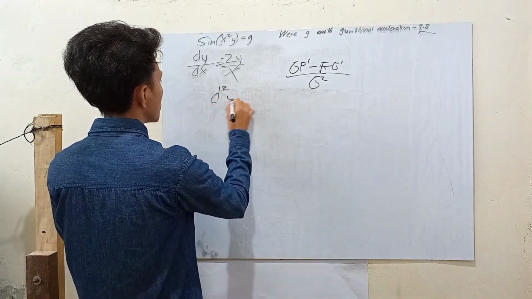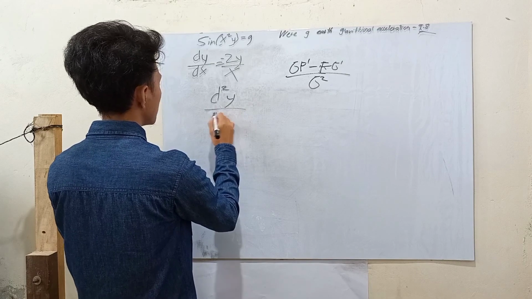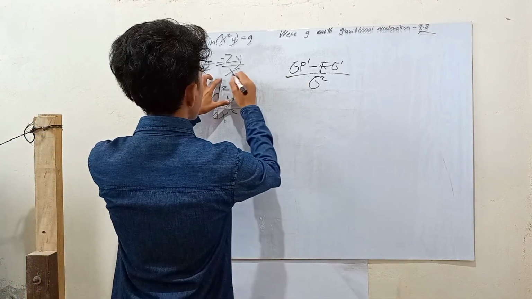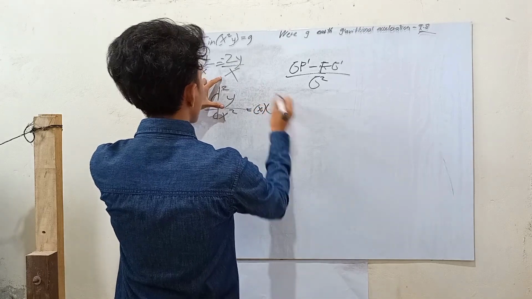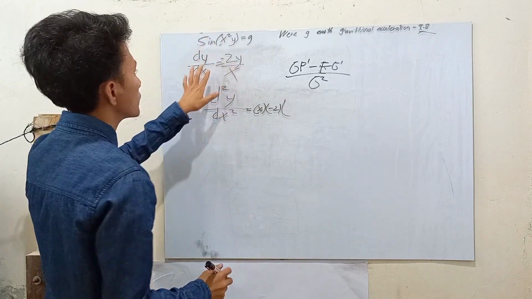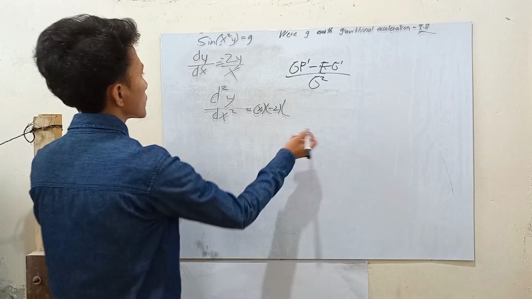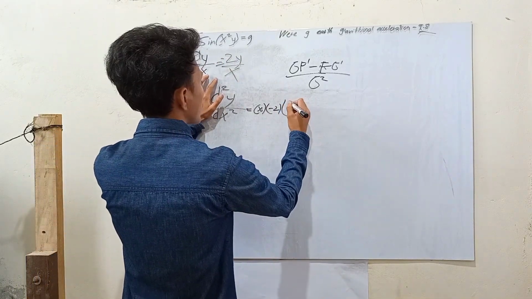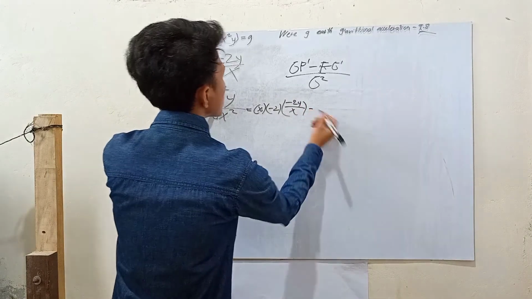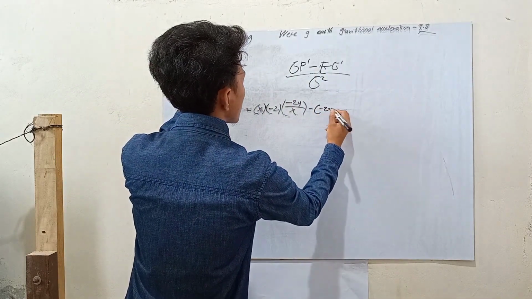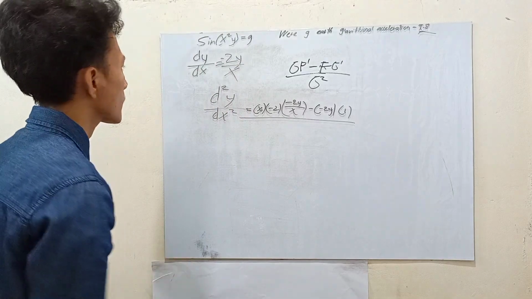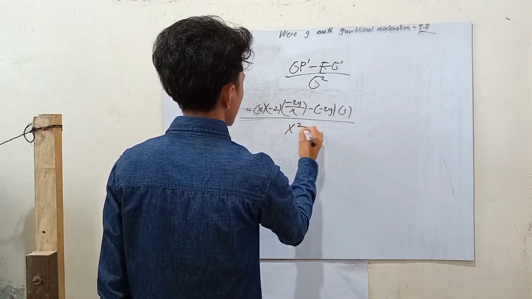For the second derivative, our g is simply x, and our f is negative 2y, and this whole equation is also f prime, so that we can put negative 2 dy over dx times x, minus our f, negative 2y, times g prime, which is 1. Our g is x, squared, so x squared.